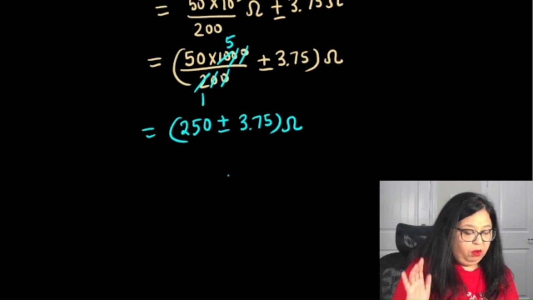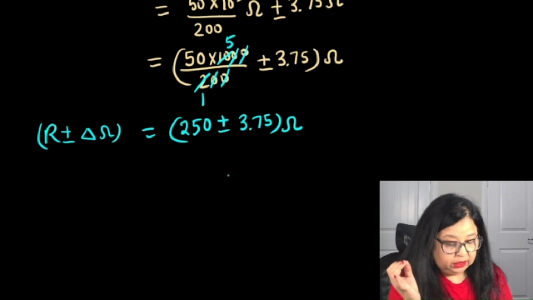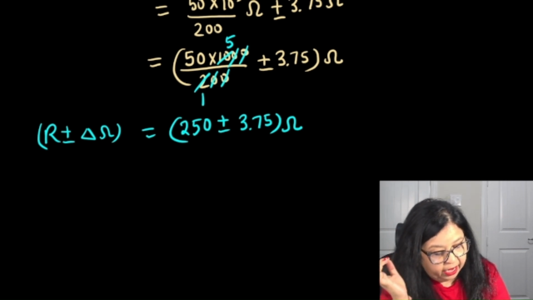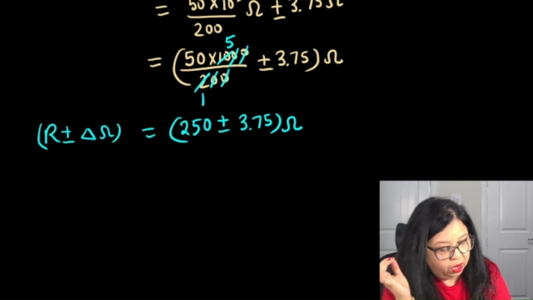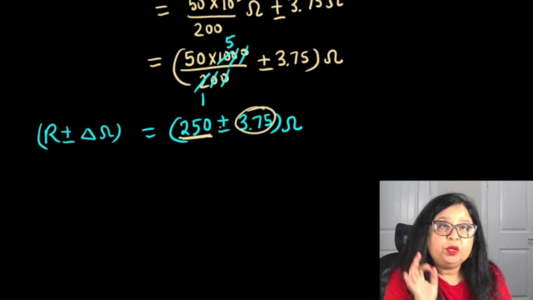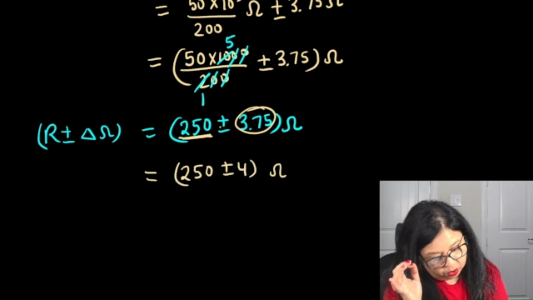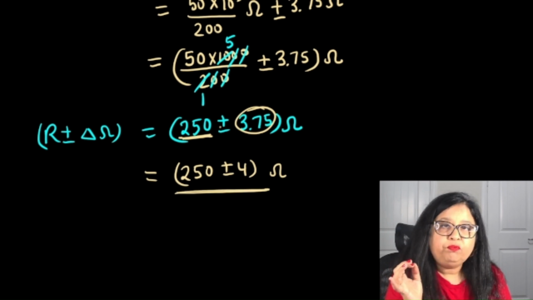Now here we need to apply the rule of significant figures for uncertainty. Since the actual number 250 is a whole number, therefore this uncertainty must also be a whole number. So your answer will be 250 plus minus 4 ohms. This is your full and final answer.